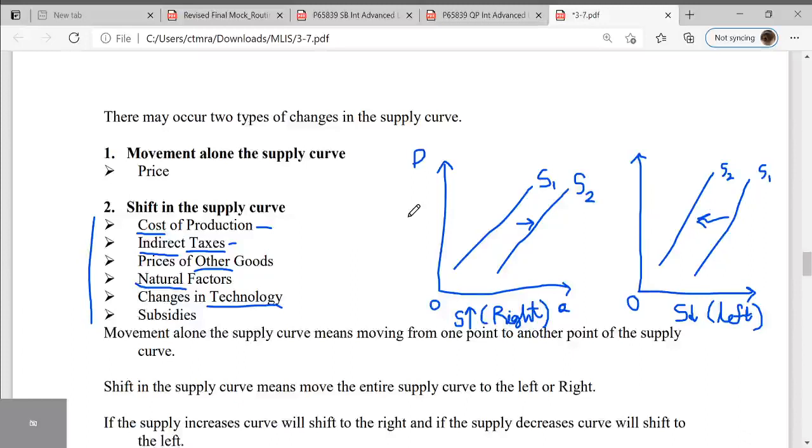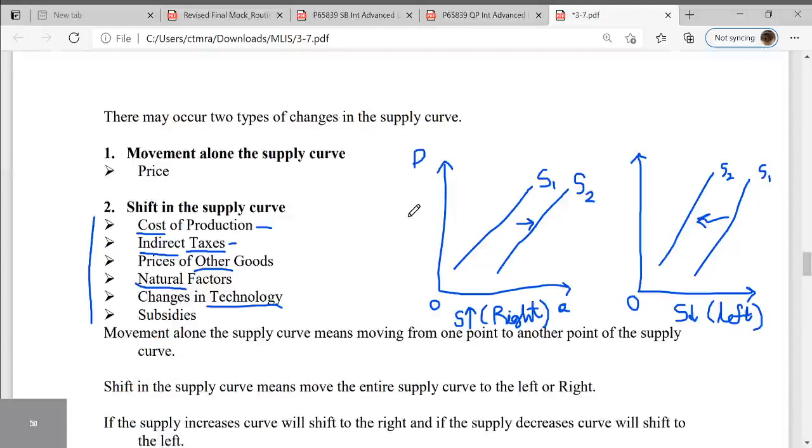Suppose you are producing clothing, ready-made garments. Previously, maybe you used needles and threads to produce ready-made garments. But later on, we increased the speed by using machineries. Later on, we came up with more advanced machineries with advanced motor gears or electricity and everything.